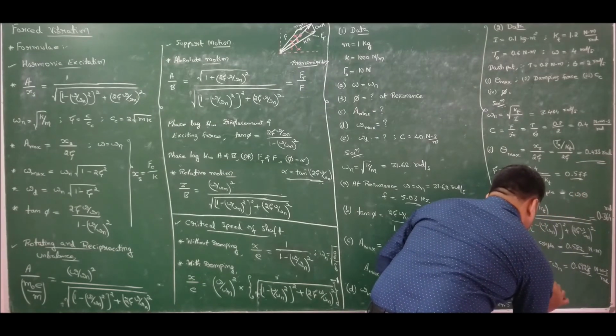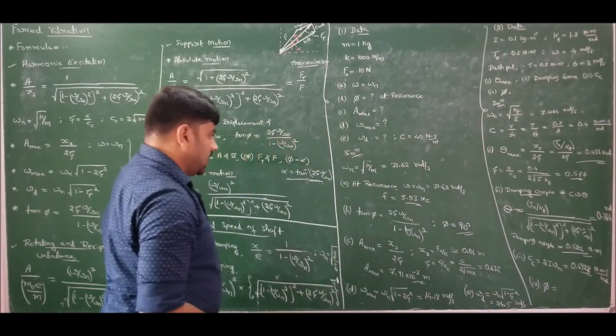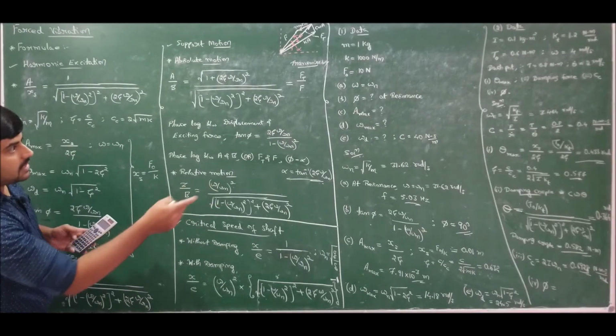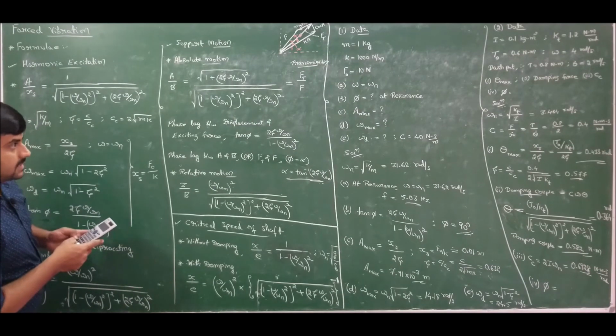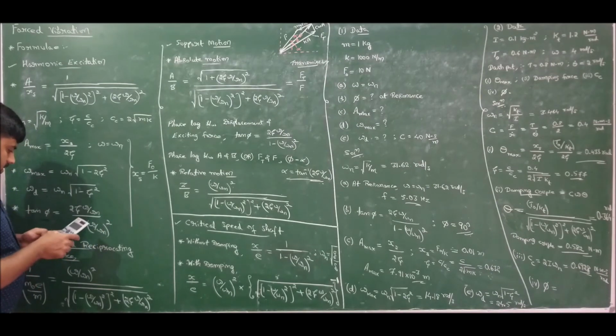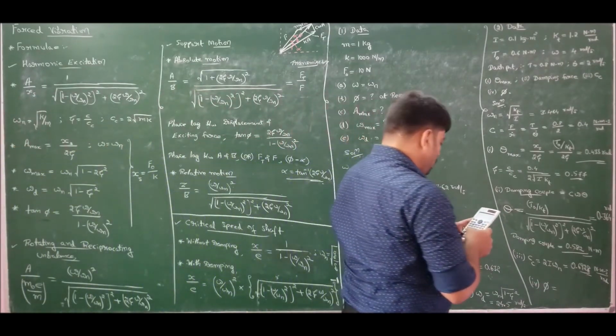And at last we have the fourth one, that is phi. We have the expression for tan phi. Use this one to find the value of phi. Phi is equal to tan inverse of 2 zeta omega by omega n, with zeta 0.577, omega 4 and omega n 3.464, divided by 1 minus (omega by omega n) square.